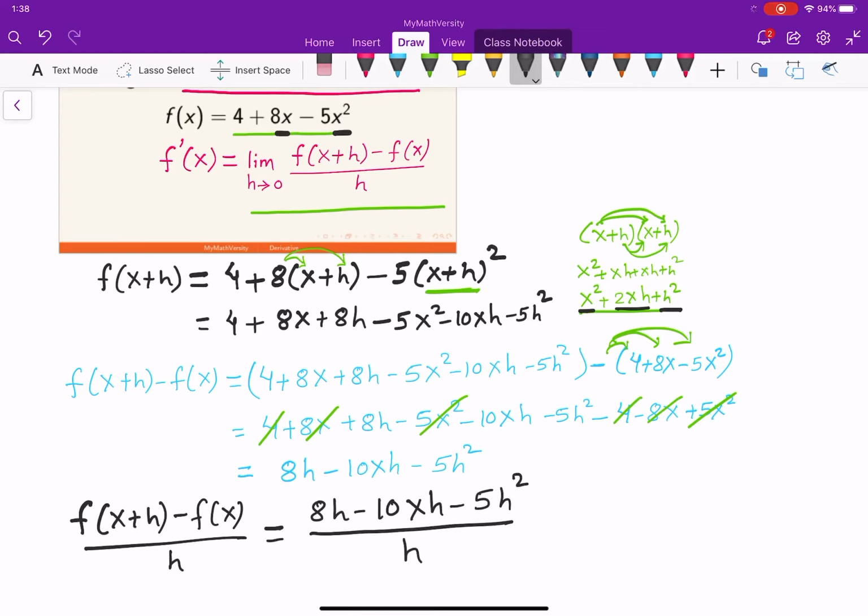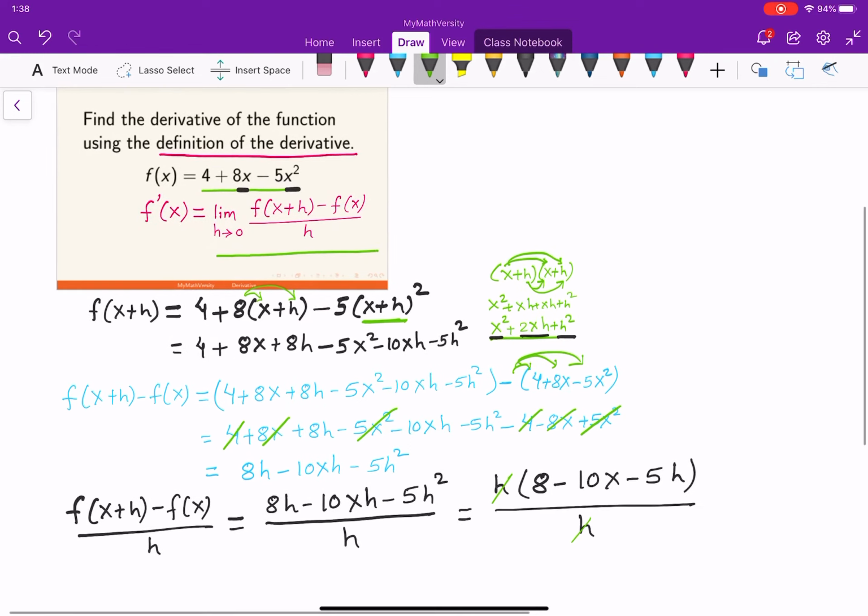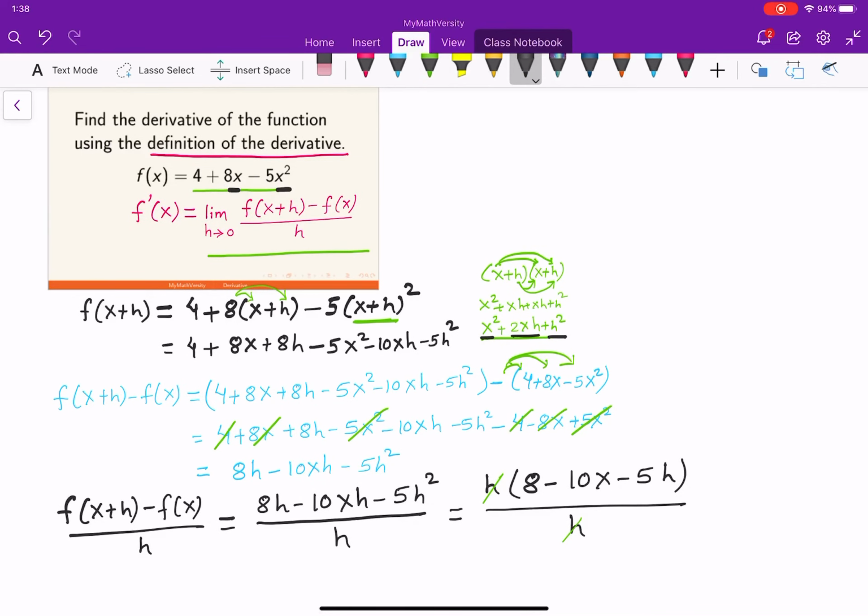Do you think that we can simplify this? I see at least h is a common factor. We can take that out. Then we'll have 8 minus 10x minus 5h, underneath that we have h. So we see a common factor here which we can cancel out, and then this is equal to 8 minus 10x minus 5h.